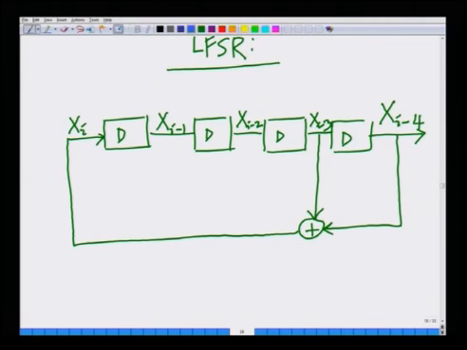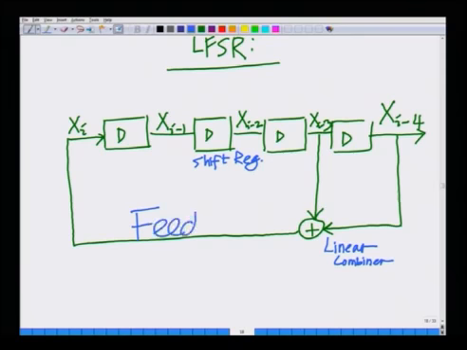So now let us look at the different components. I have shift registers. I am linearly combining, so this is the linear combiner, and the critical part is this, which is the feedback. I have shift registers, linear combining, and then I am feeding back.